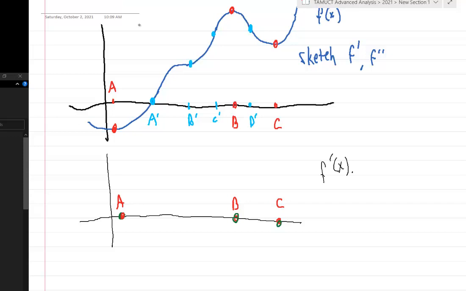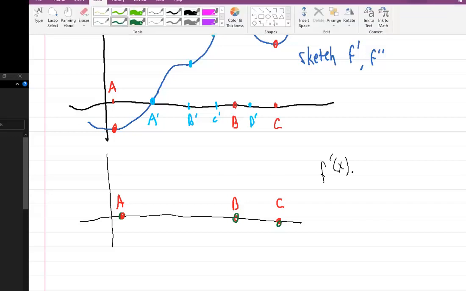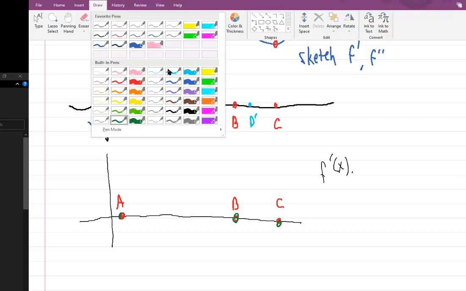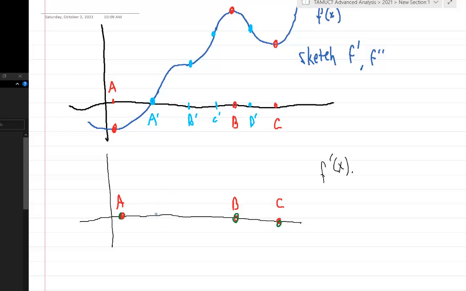Let me go ahead and mark in my points A prime, B prime, and C prime, and then here I have D prime. Now, what happens to the graph at these points? Well, we know that the second derivative at an inflection point is 0.